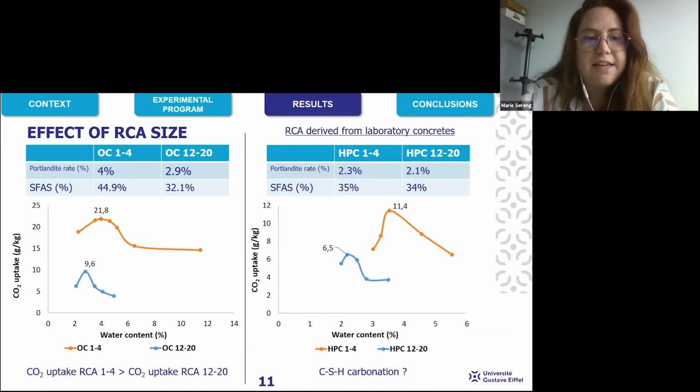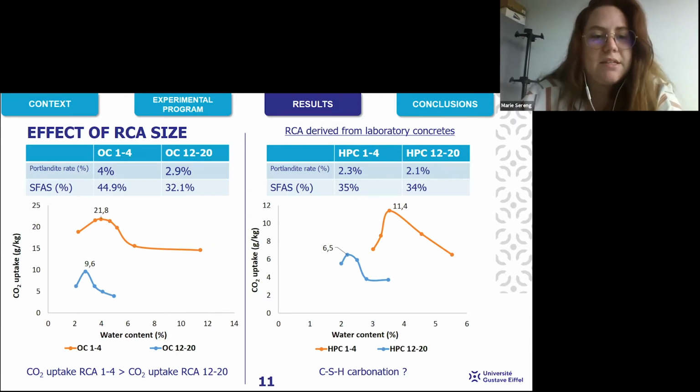About the effect of RCA size, also on OC and HPC RCA. For the two RCA, the fraction 1/4 millimeter has more CO2 uptake than the fraction 12-20 millimeter. For OC RCA, it is due to the Portlandite rate, because the fraction 1/4 millimeter has a higher Portlandite rate, 4%, with respect to 12-20 millimeter.